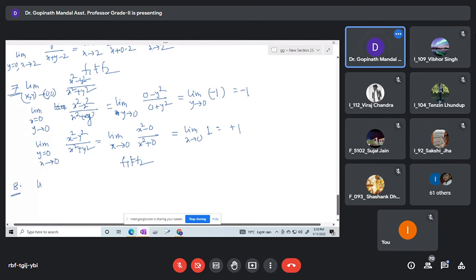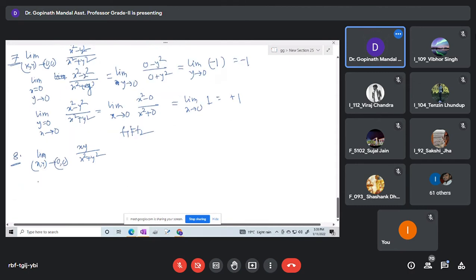Number 8, limit of xy by (x square plus y square). So first, x equal to 0 and y tends to 0: 0 by (0 plus y square) is 0.